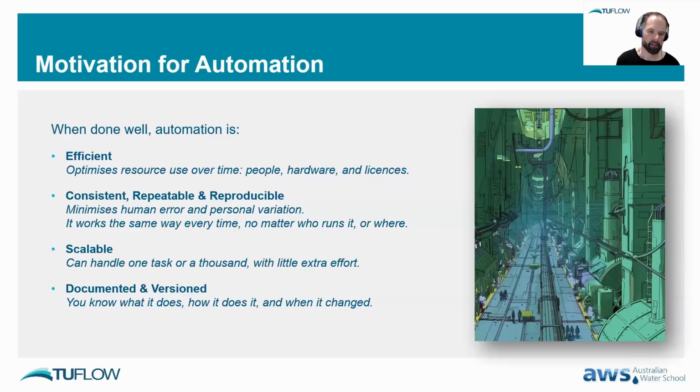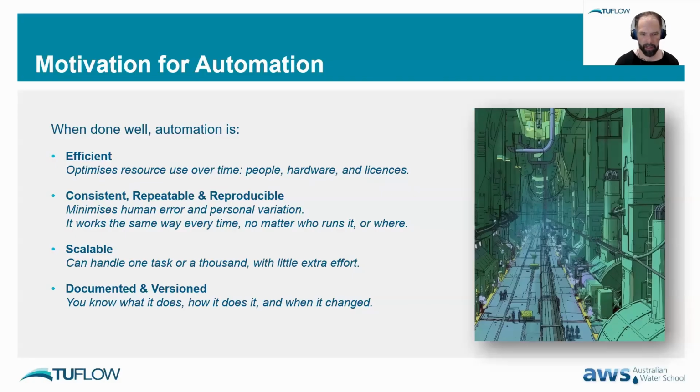Especially when you do that, the scalability argument becomes true. I'm sure that everyone has, I guess about 75% of you have a lot of experience writing batch files. A lot of those batch files get rewritten or copy-pasted and then edited. That's fine, but it only gets you so far. And part of the aim here is to talk a little bit more about how you could take that to the next level and beyond, I'm sure.